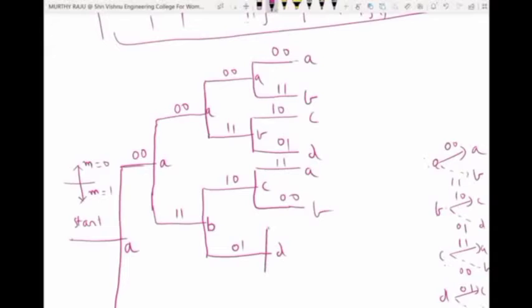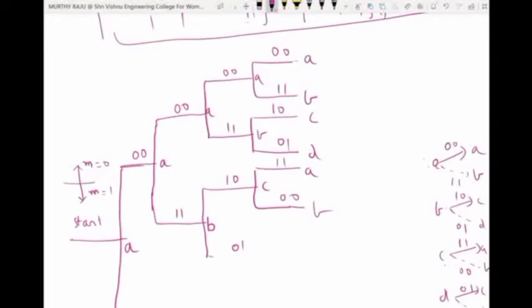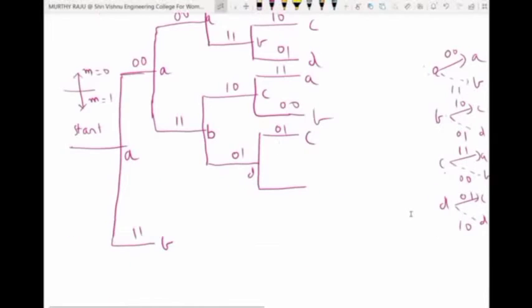And D to C. D to C is 0 1 and D to D is 1 0.